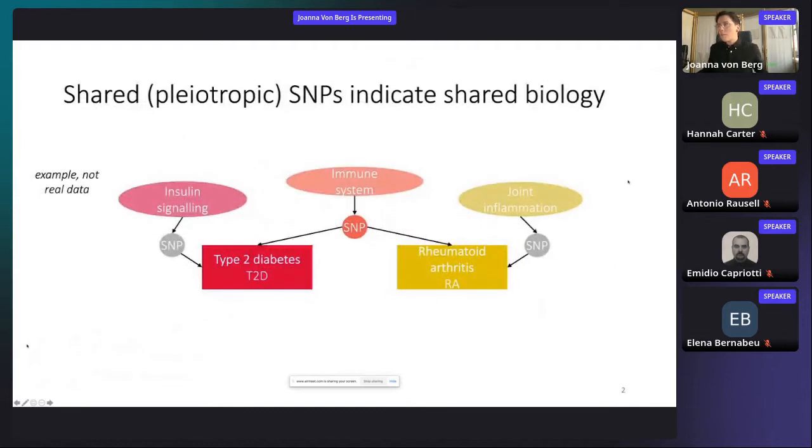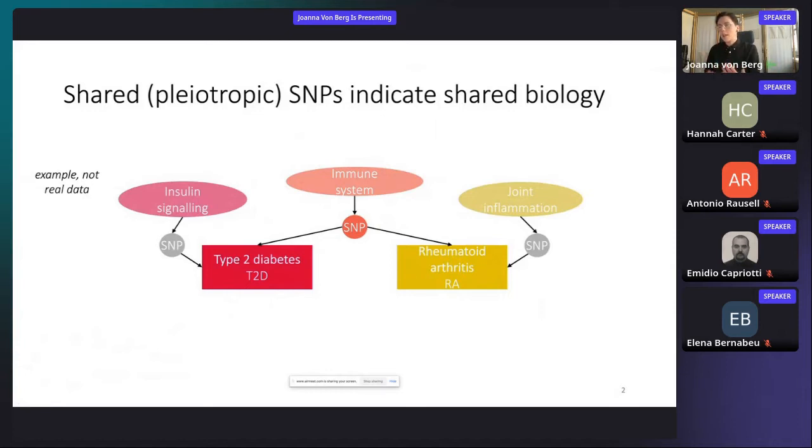So let me first introduce what we mean when we're talking about shared SNPs or pleiotropic SNPs. Let's say that we're looking at the results of a GWAS on type 2 diabetes, T2D, and another GWAS on rheumatoid arthritis, RA.